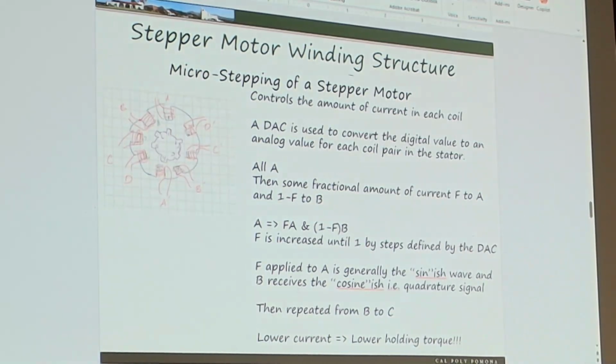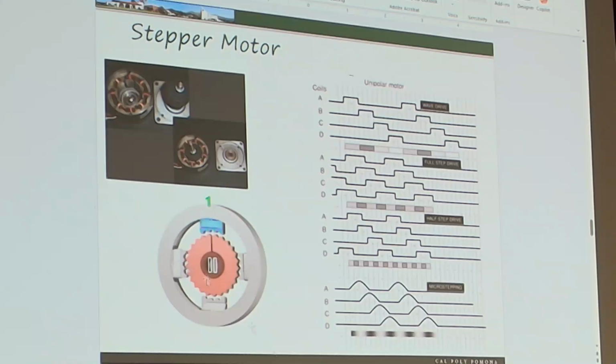So here are some waveforms and some internals of a stepper motor. And I think, what? There it goes. Yeah. So you can kind of see it cogging around. If we have a unipolar motor, like the one we see right here, it doesn't go negative, it just simply goes positive.